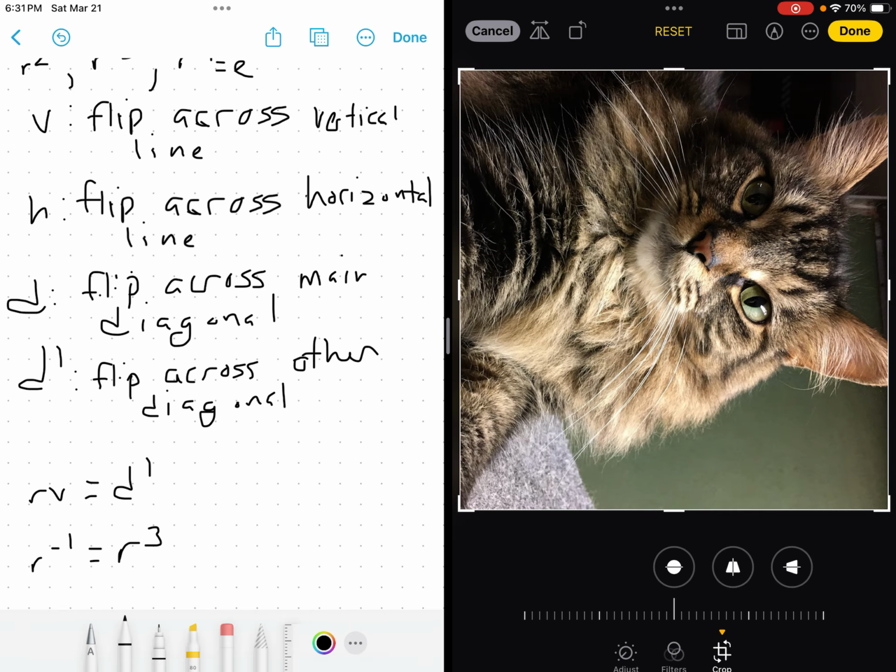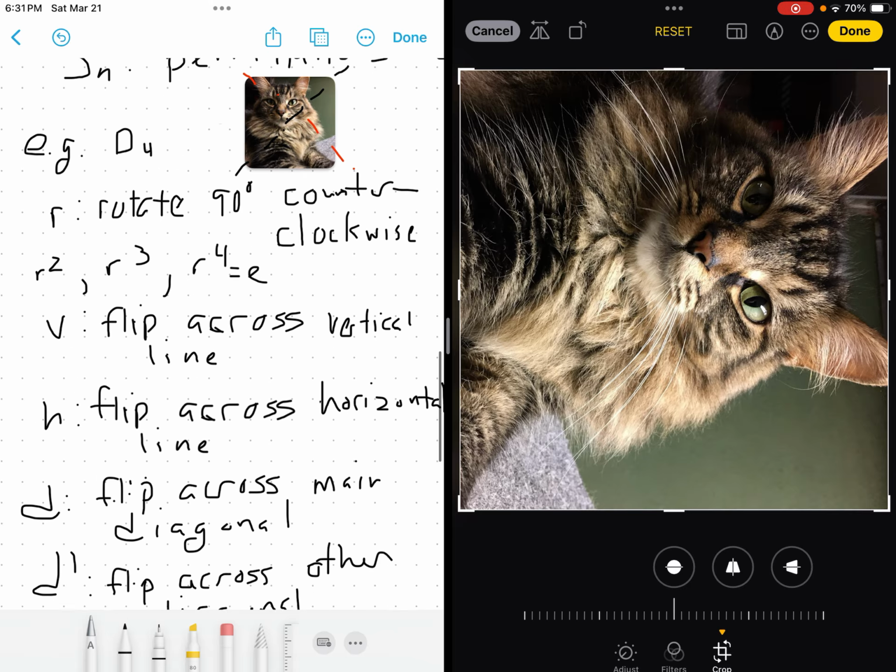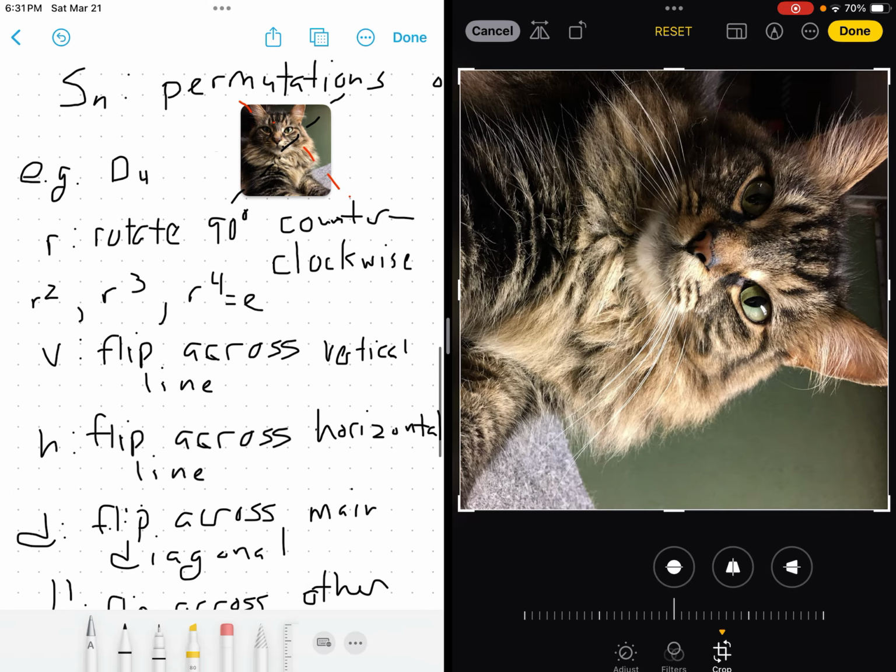We were working with a square. In my notation, I use D4 to indicate that, the dihedral group on an object with four sides. If you replace this square with another regular polygon, like, for example, a regular hexagon, you would get more possibilities for rotations and reflections.